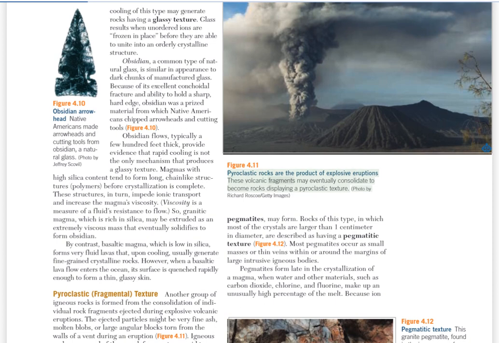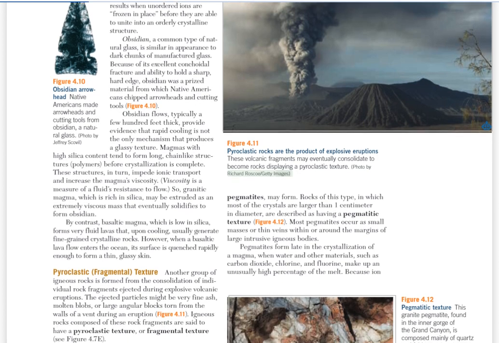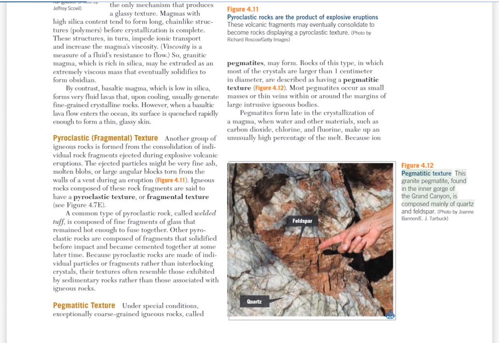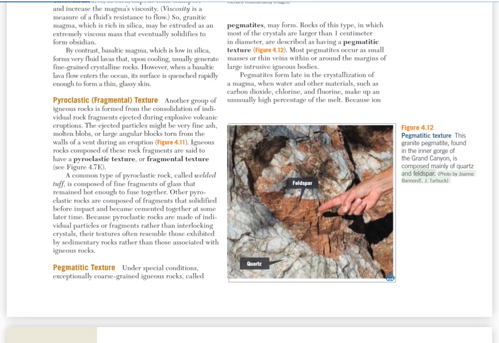These volcanic fragments may eventually consolidate to become rocks, displaying a pyroclastic texture. Figure 4.12. Pegmatitic texture: this granite pegmatite, found in the inner gorge of the Grand Canyon, is composed mainly of quartz and feldspar.